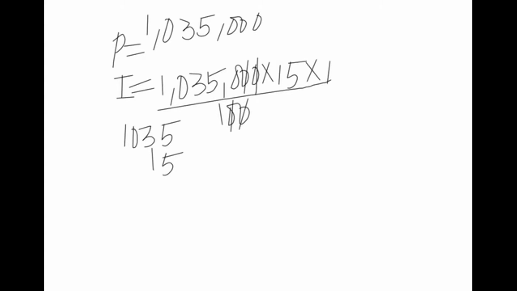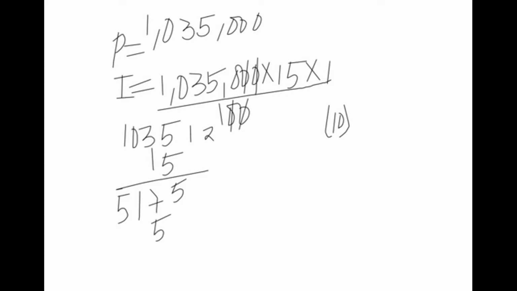We have 10. So 5 times 5 is 25. We carry 2. 5 times 3 is 15 plus 2, 17. Carry 1. 5 times 0 is 0 plus 1. So is 1. 5 times 1 is 5. Then we have 5. 1 times 5 is 5.